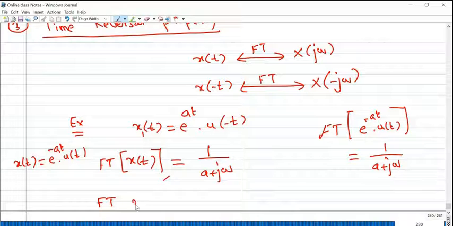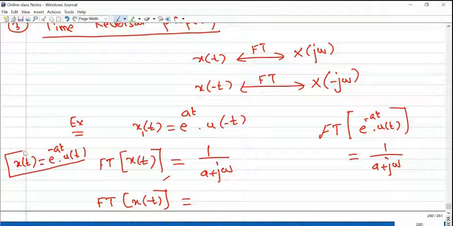Now the Fourier transform of x of minus t. In this equation, if you substitute t by minus t, you will get e power at u of t.